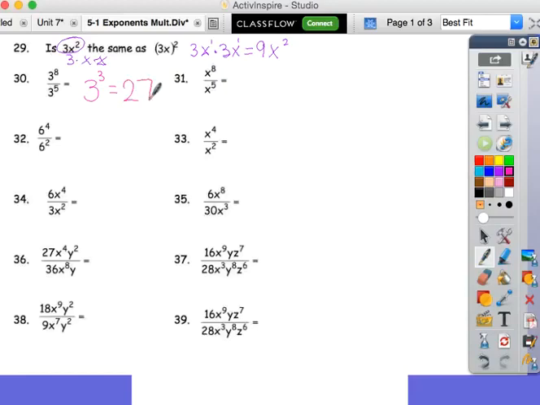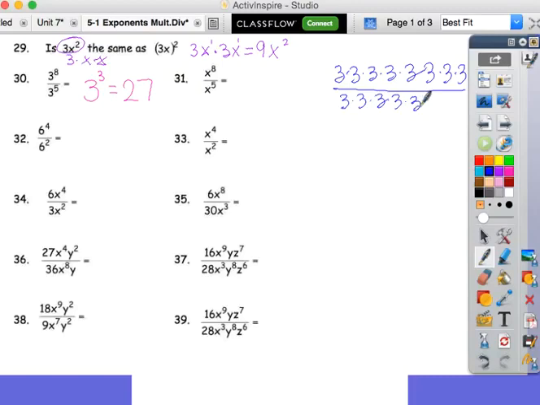Now let me just kind of put something over here that might help make sense of that. So 3 to the 8th power means this. Right?